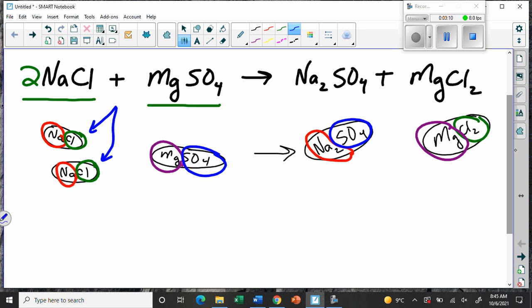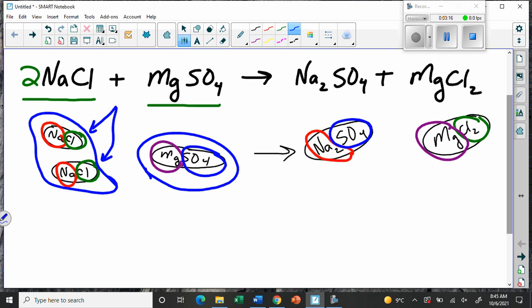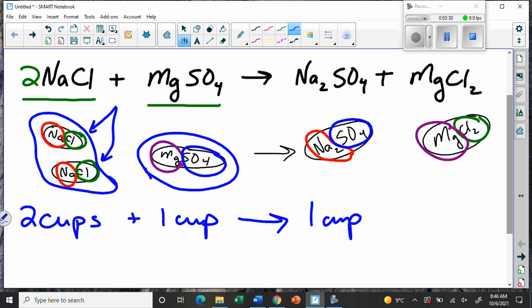So with baking, we use not individual pieces of things like this, but we use things like a whole cup of this. So maybe we could say that this would be 2 cups of sodium chloride plus 1 cup of magnesium sulfate. And when you were done, you would make 1 cup of the sodium sulfate and 1 cup of magnesium chloride.